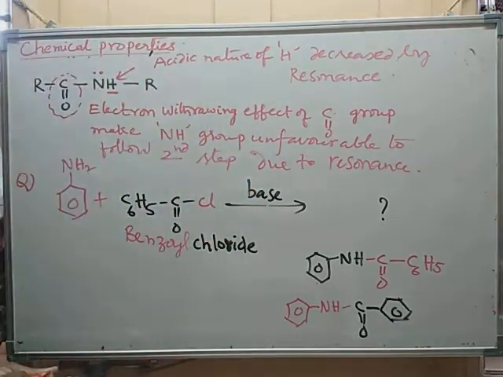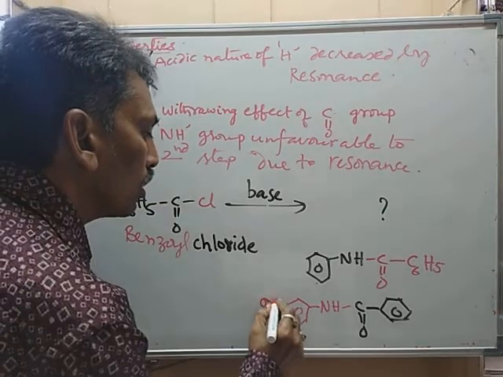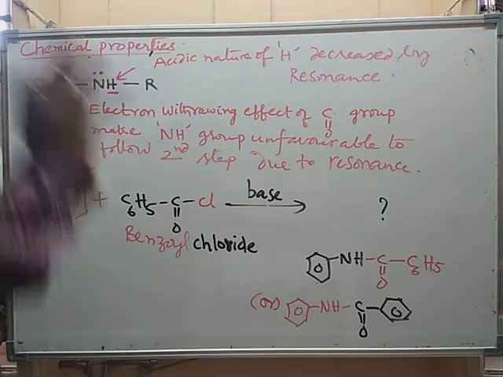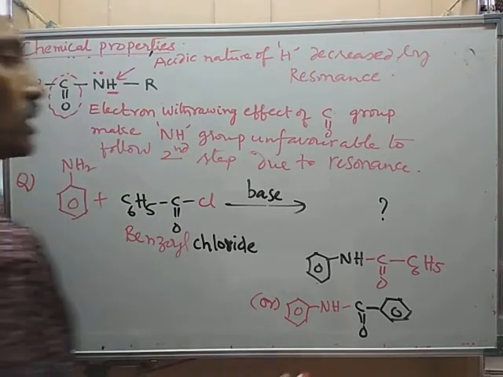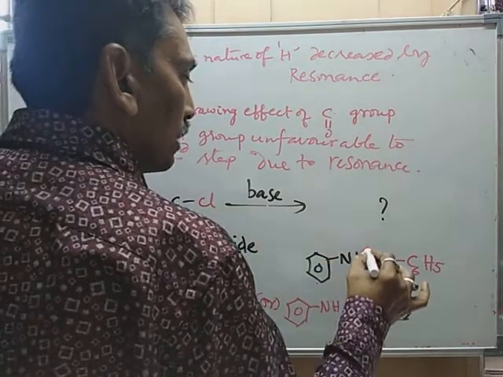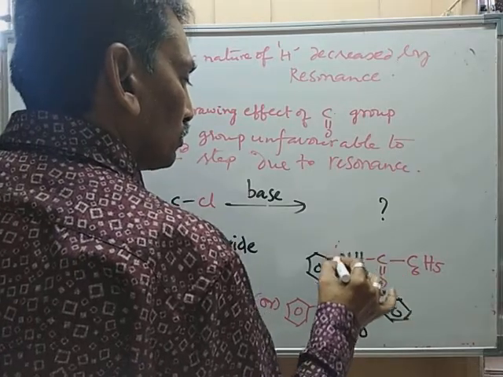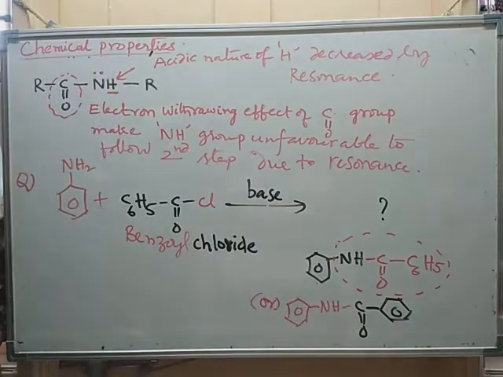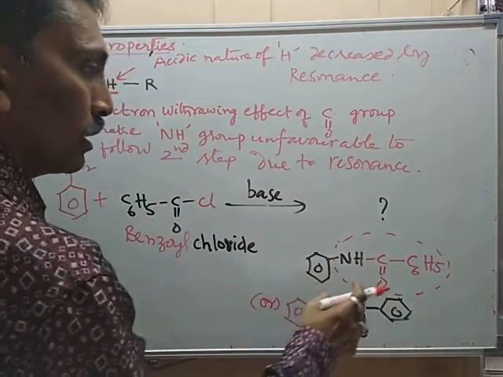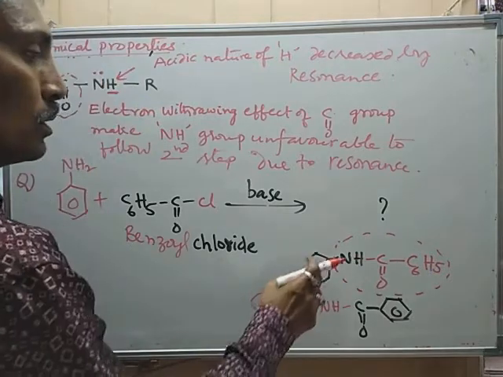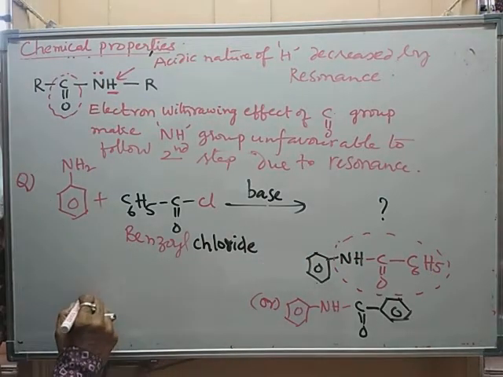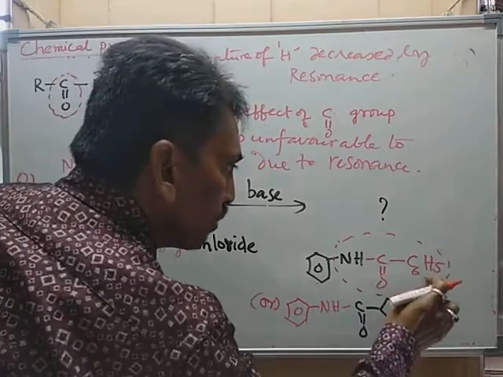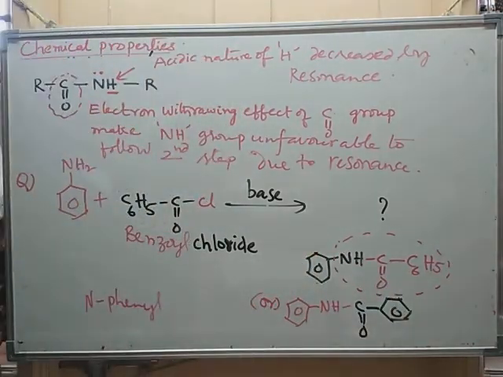Both are the same. I am only exposing you to different versions, and the information is the same. The name of the compound: this is the parent compound, benzanilide, with a C6H5 group on N, so its name is N-phenylbenzamide.